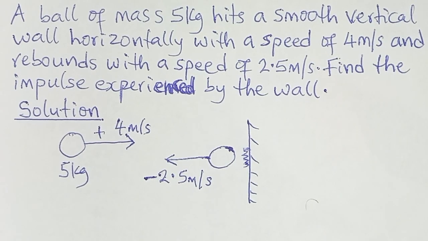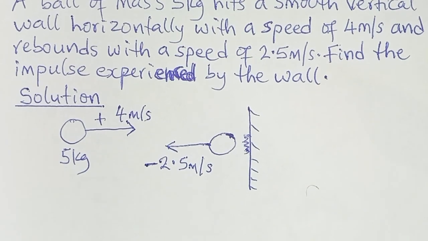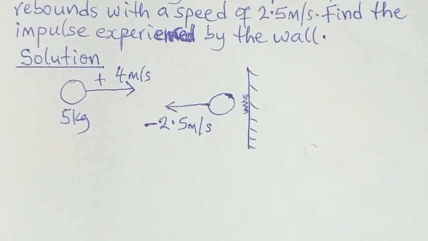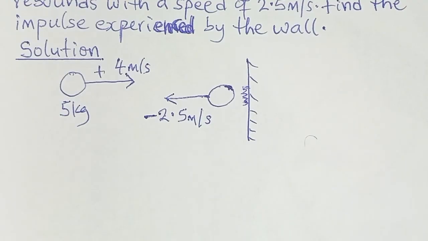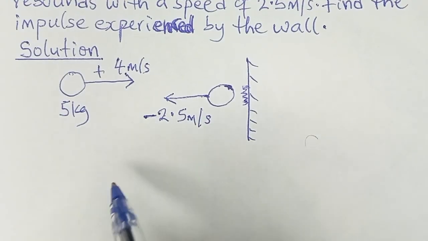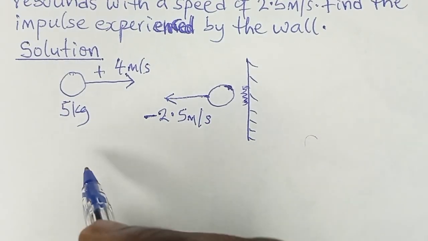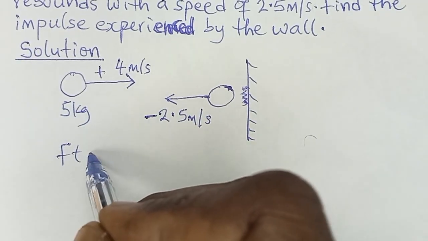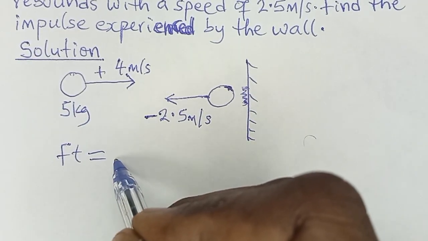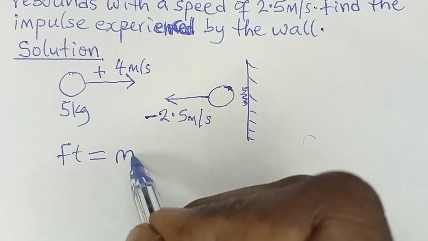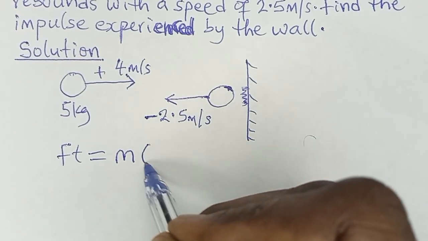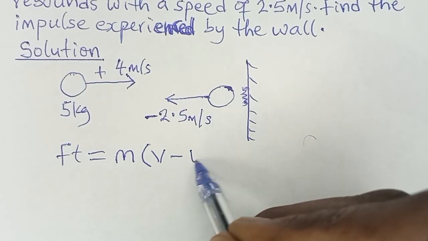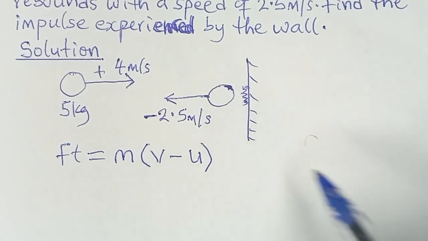So now we are going to apply the impulse formula to solve the problem. Don't forget, impulse is equal to change in momentum. So the formula we're going to apply here is impulse, which is Ft, equal to change in momentum, which is mass multiplied by the final velocity minus the initial velocity.